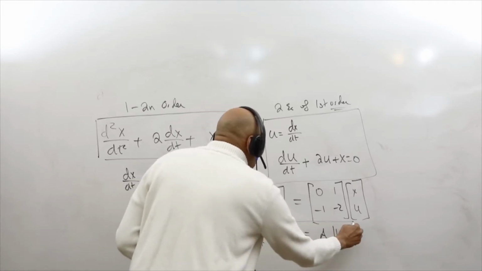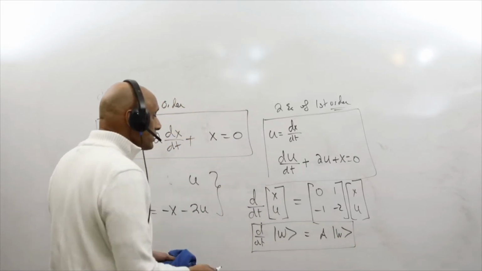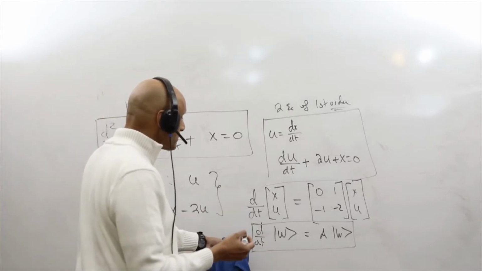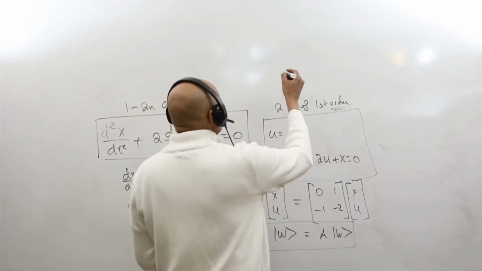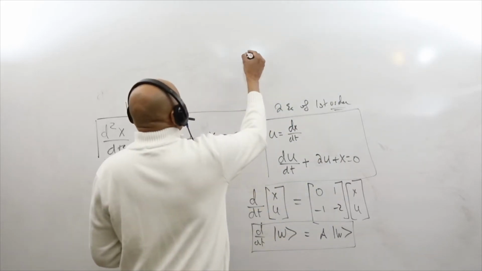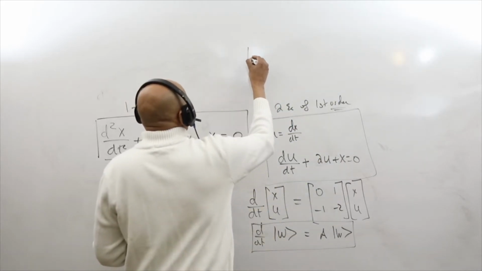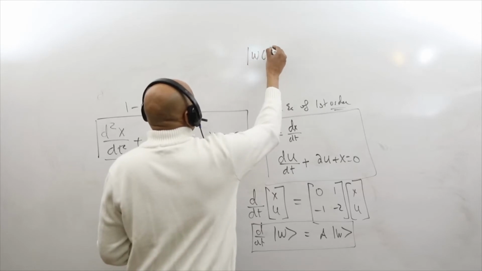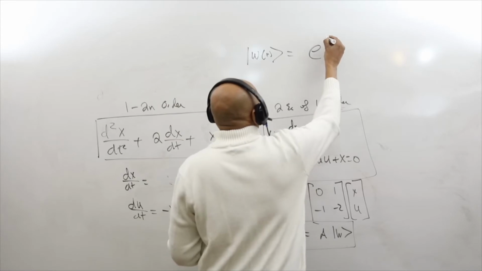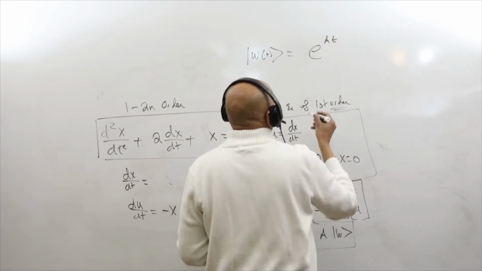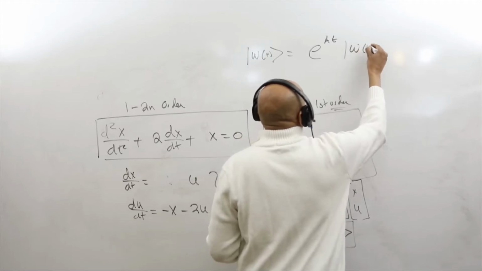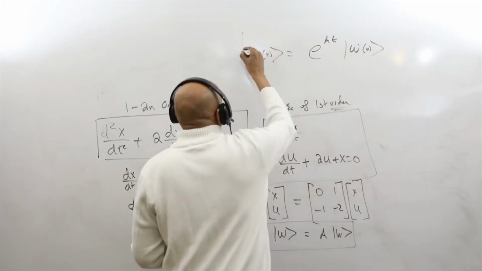So we have a general equation, and I can solve it right away using matrix methods. The full solution, W as a function of time, the ket, is given by e to the A t times W at 0, which is the initial condition. I have a full solution.